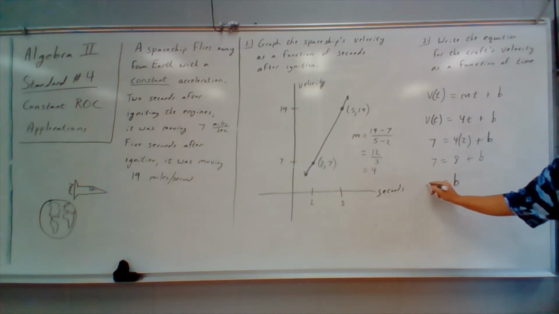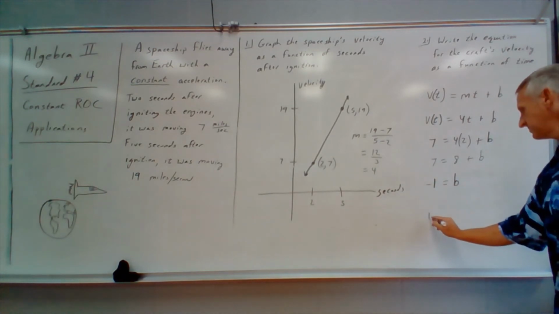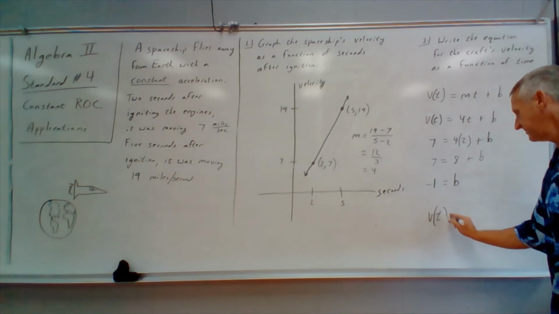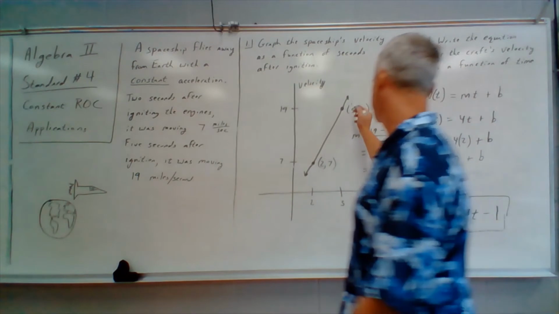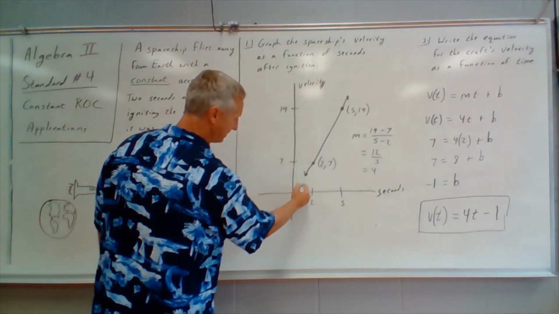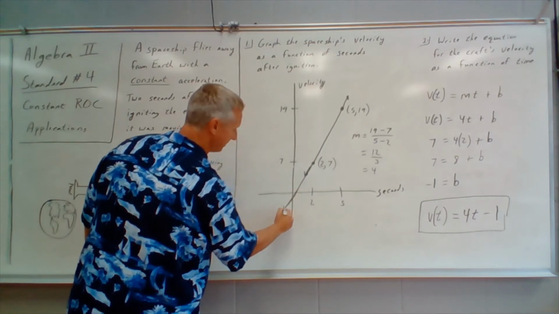So b is equal to -1. So my final answer, my equation, would be v of t is equal to 4t minus 1. And that makes sense on our graph. If we continue this line down, it goes through about -1.